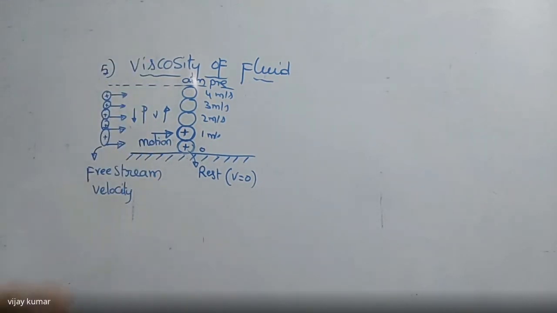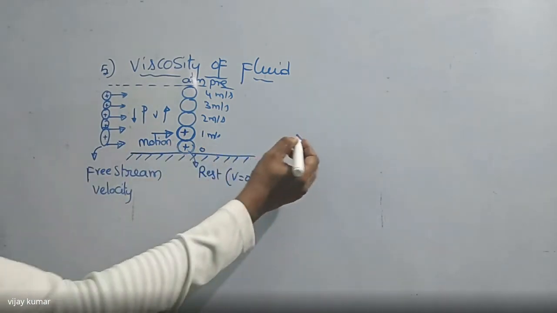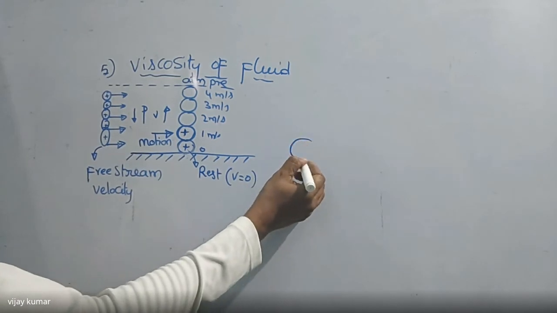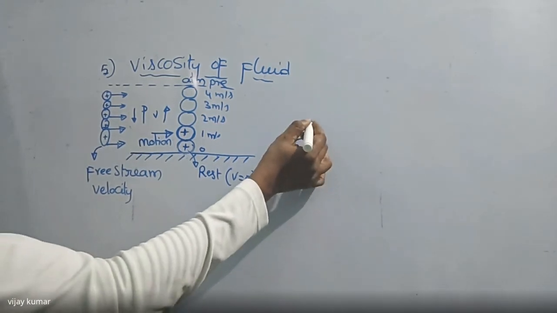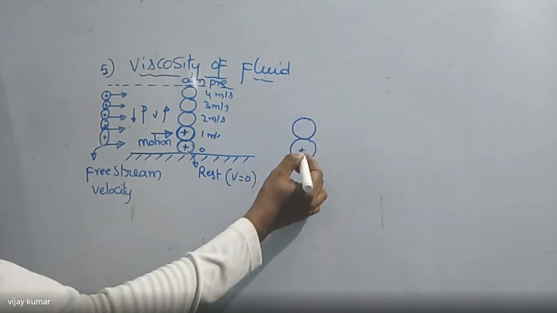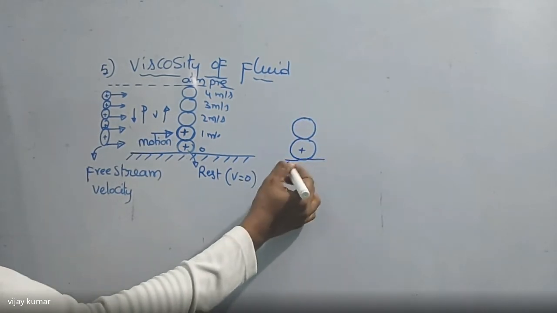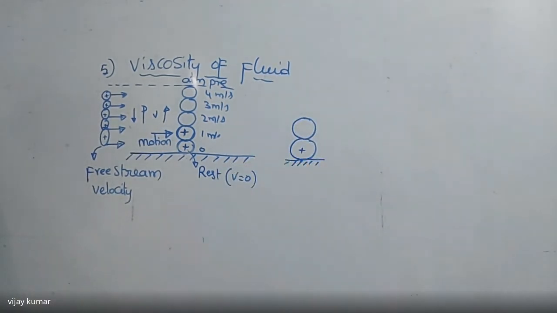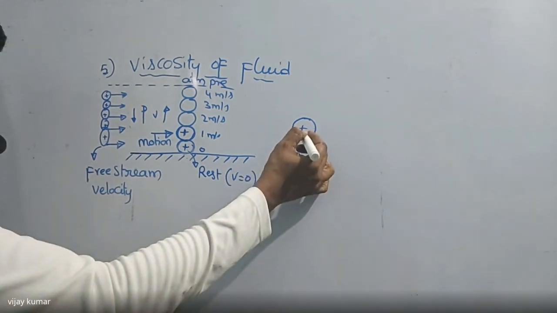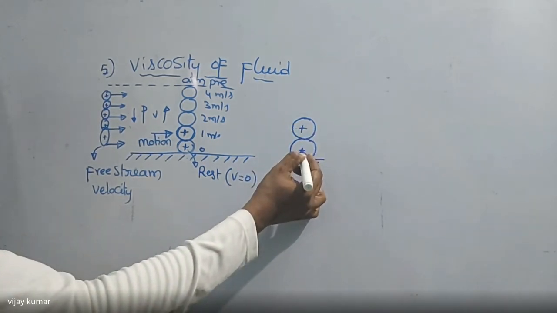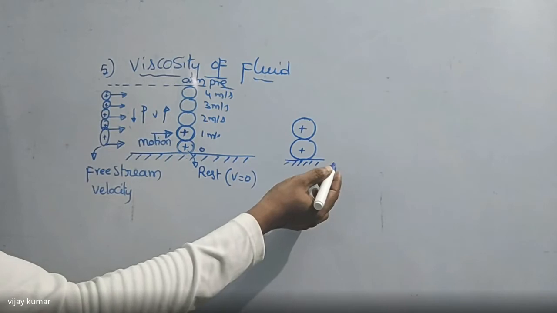Now here, what I am saying very clearly: this particle is under rest condition, and this particle is under motion. Right? Very clear. This particle always tries to bring this particle into motion. Why?